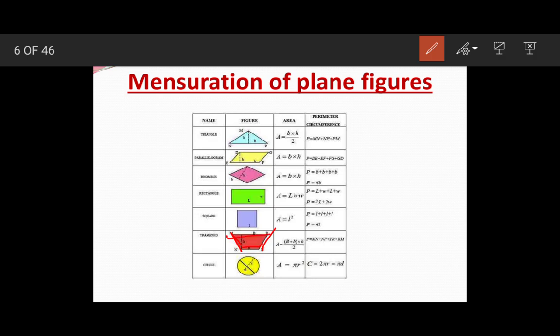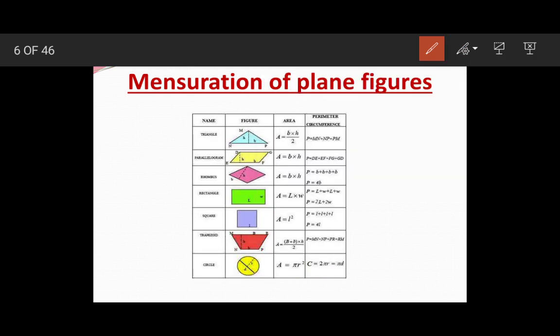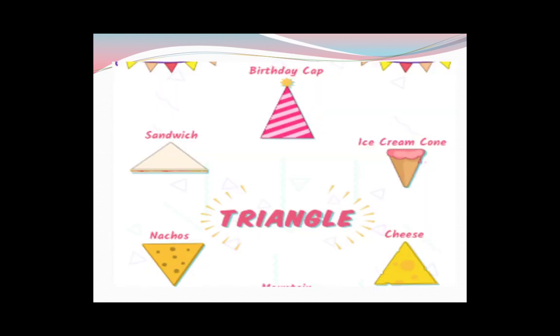Then circle. Area is pi r square, and circumference is 2 pi r, where r is the radius. So this is the mensuration of plane figures.